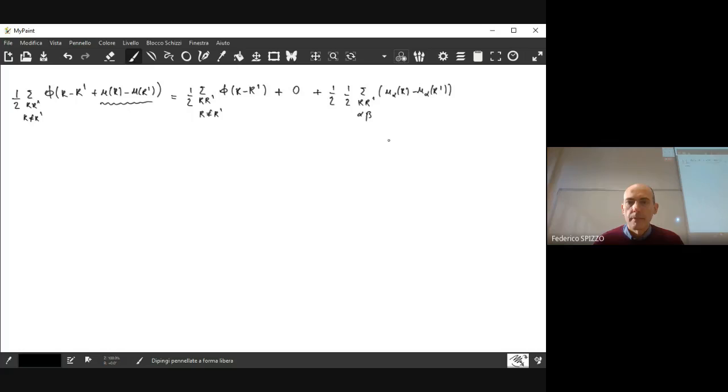Alpha and beta are the 3 coordinates. So coordinate 1, 2, or 3, or x, y, z, depending on how you want to represent the coordinate. Then we have the second derivative of the interaction potential.